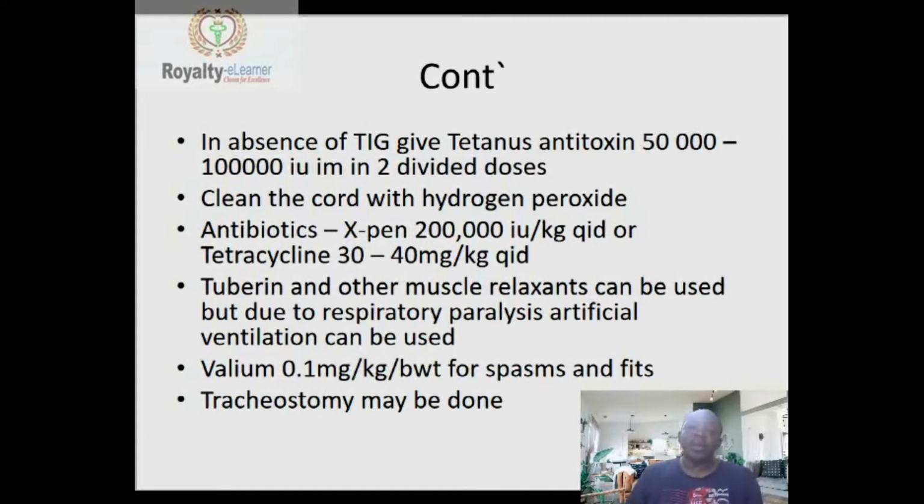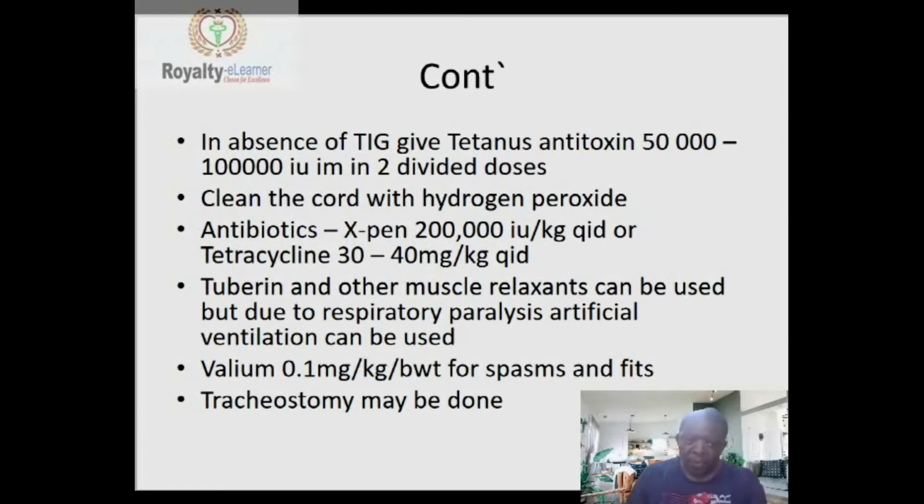You can clean the cord with hydrogen peroxide to help the cord heal and kill the local bacteria in the area. Antibiotics such as benzyl penicillin, 200,000 international units per kg body weight, can be given 4 times a day for about 7 days to help lessen the bacterial load.